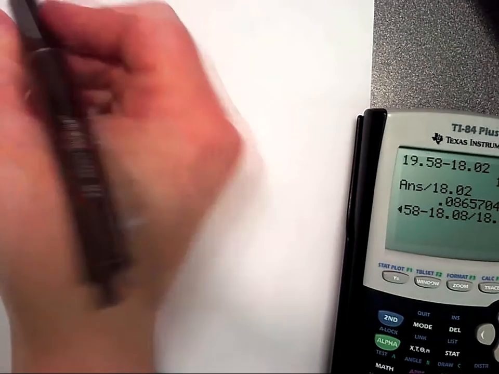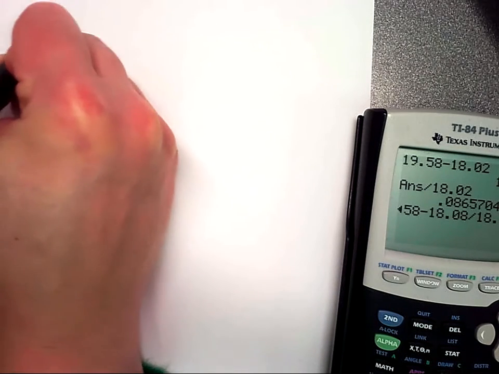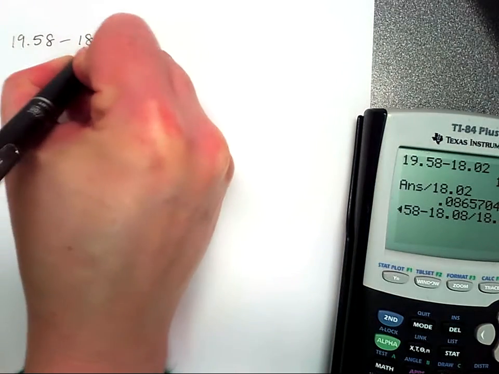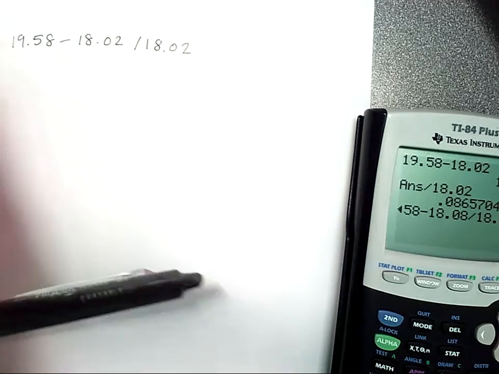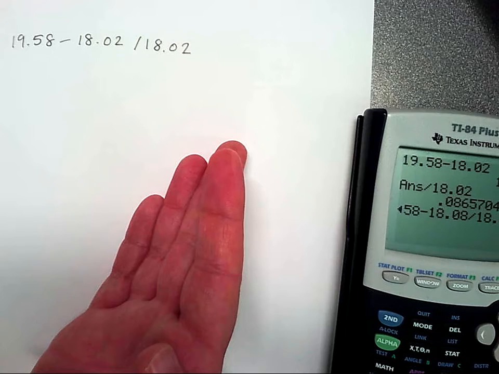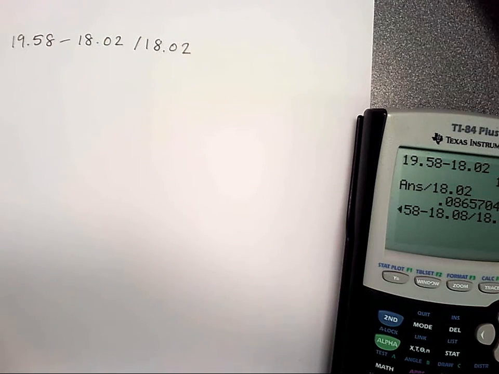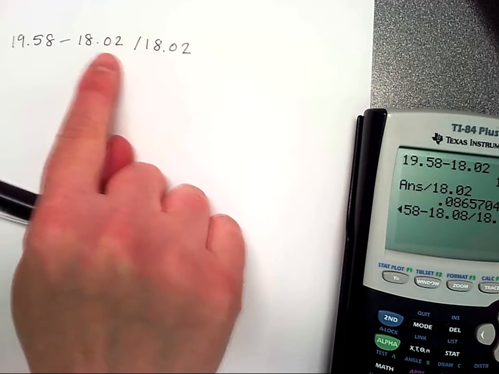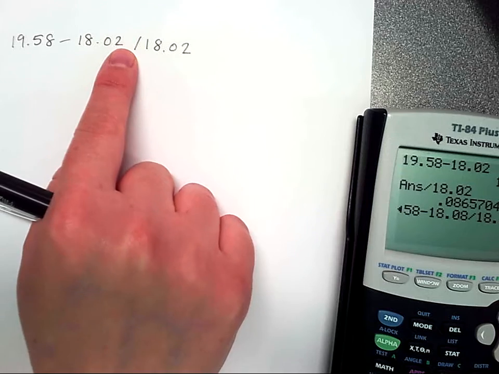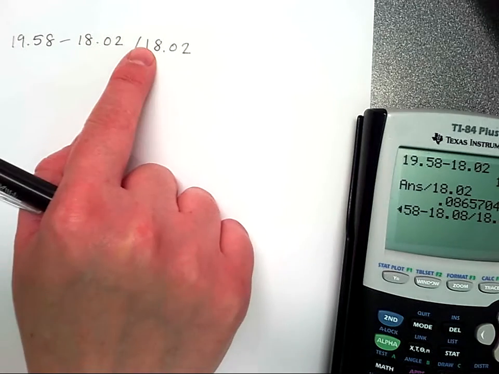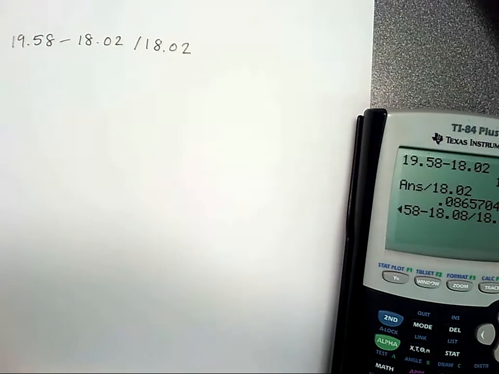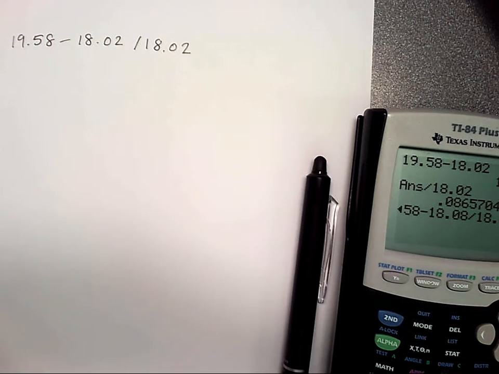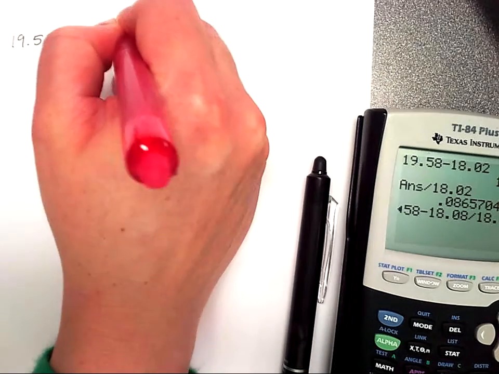Your calculator does order of operations. It does multiplication and division first, so it's dividing this, which is 1, and then saying this minus 1. So you have to simplify the numerator and simplify the denominator. When you do this in your calculator, you have to have parentheses.